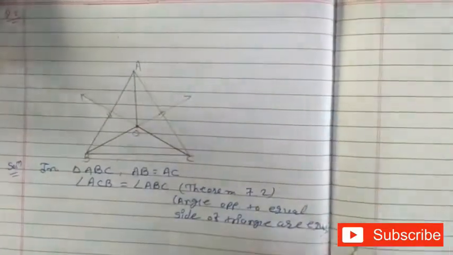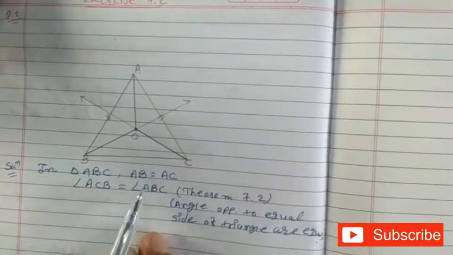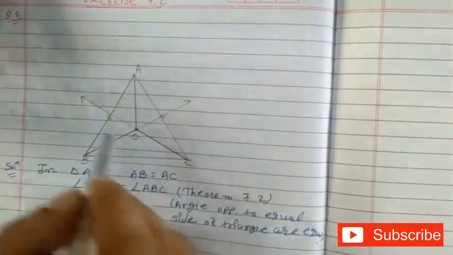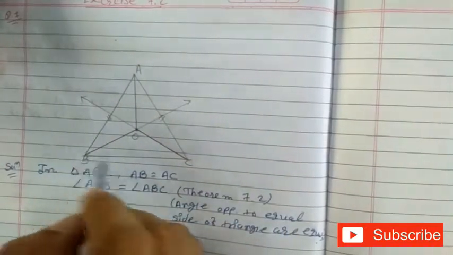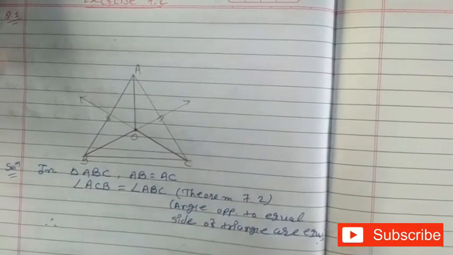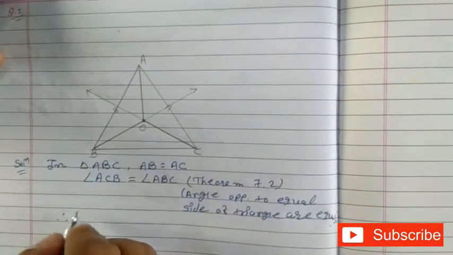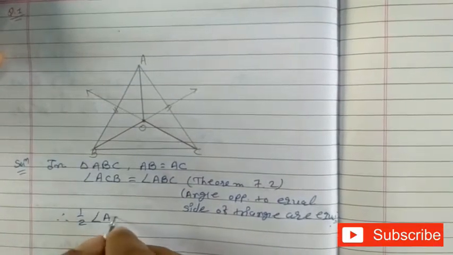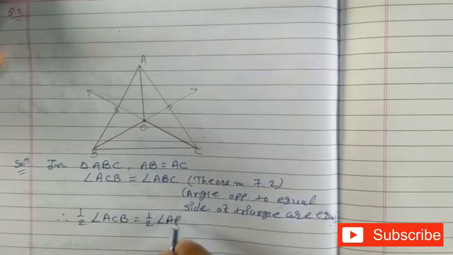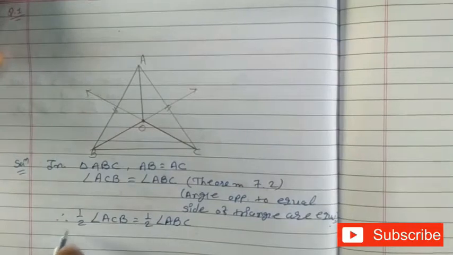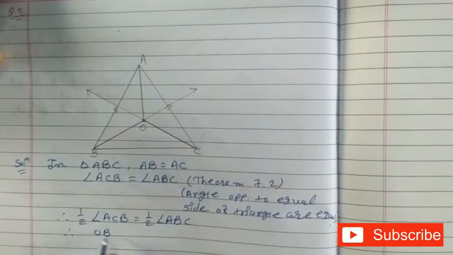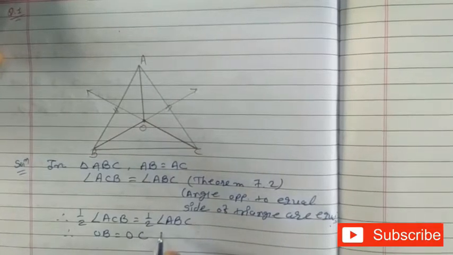Now ACB is equal to angle ABC, and we already know that these are the bisectors of angle B and angle C. Am I right? That's why we can write half of angle ACB is equal to half of angle ABC. Therefore, now we can say that OB is equal to OC.